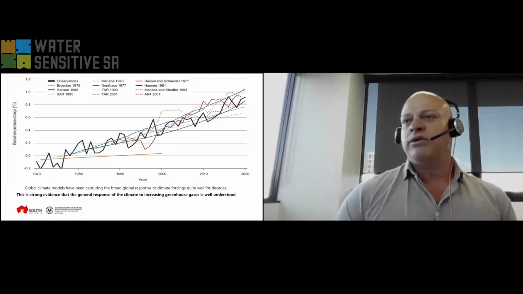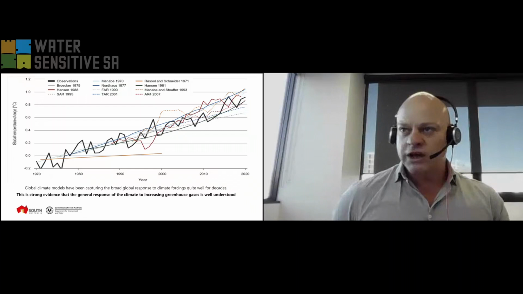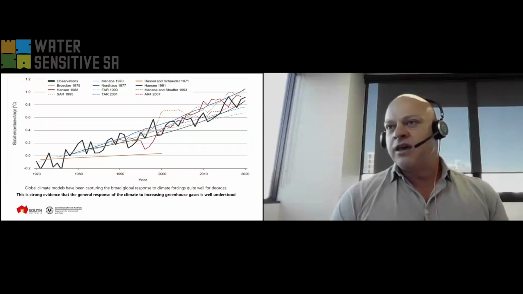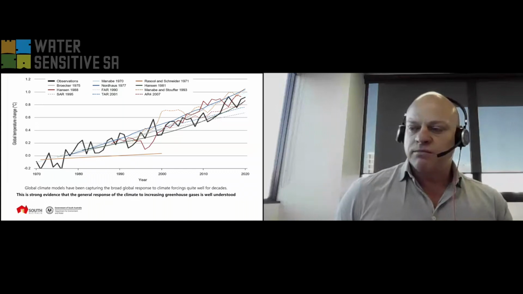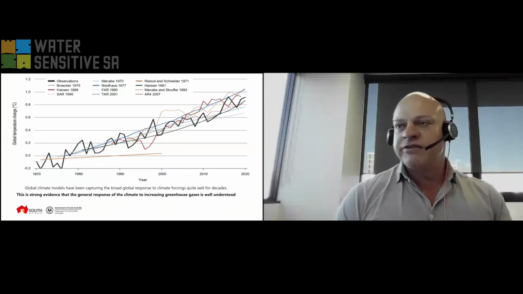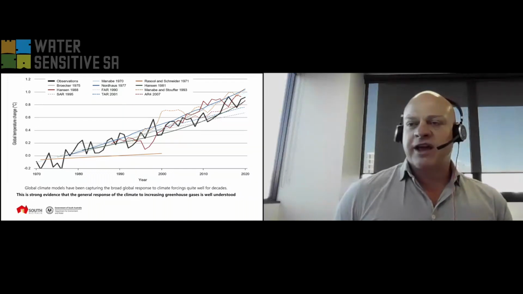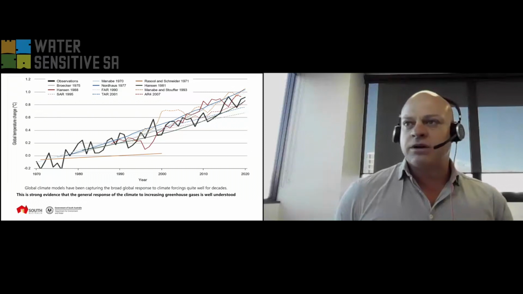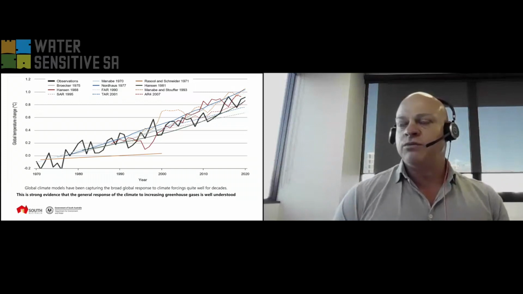Also, global climate models. I'm going to talk about modelling of future climate, and one of the key points is that there's been lots of work. We've had projections around for a number of decades now that go back to the 1970s, and there's been lots of work reviewing how well that modelling captures what's been going on since those models were introduced from the 1970s, 80s, 90s onwards.